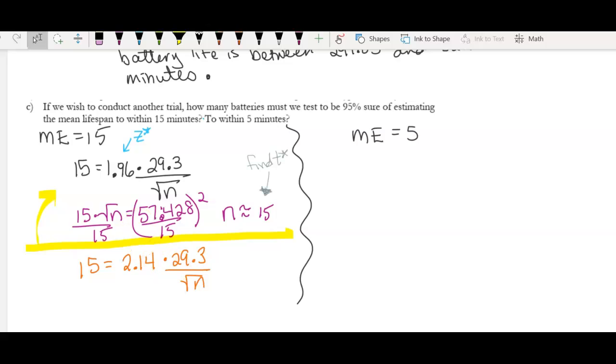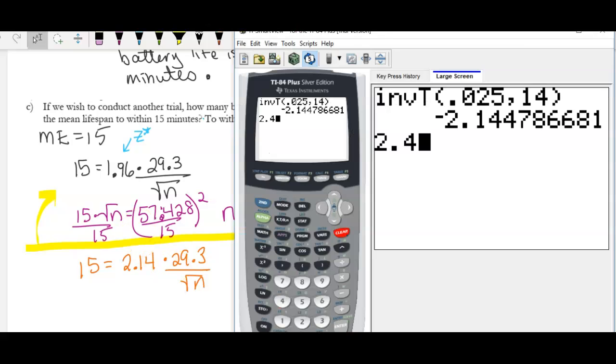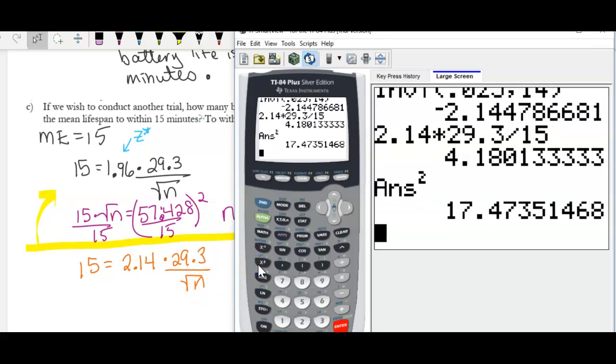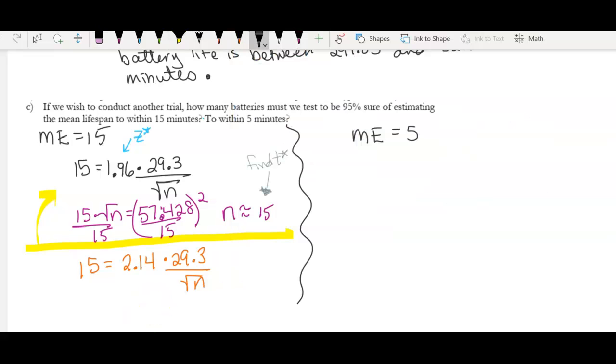And so now I'm going to do 2.14 times 29.3 divided by 15, and then I'm going to square it. And so it's 17.47. So we're going to say that sample is 18. So it didn't change it that much, but it did get it a little bigger.